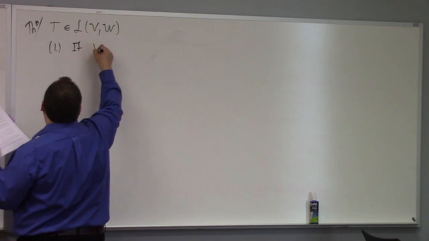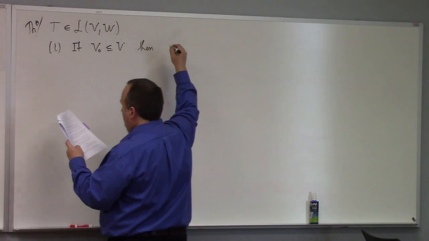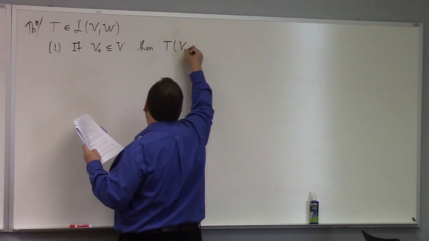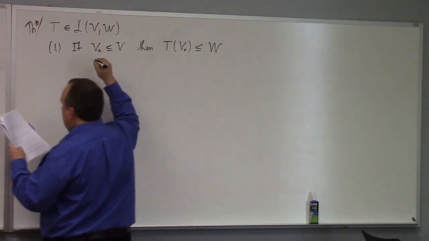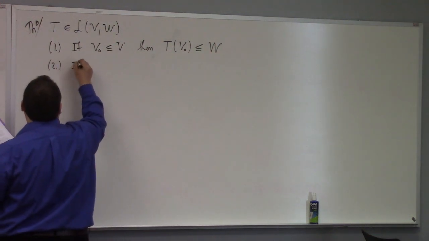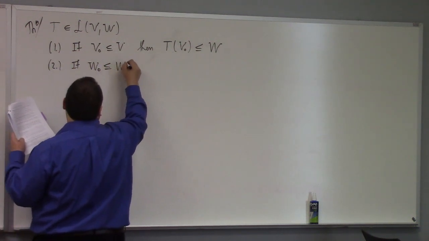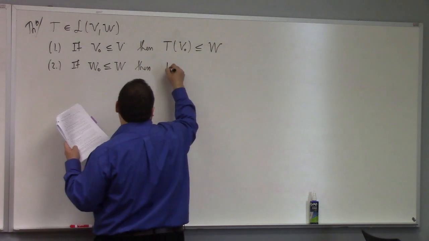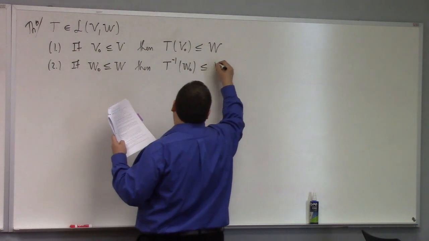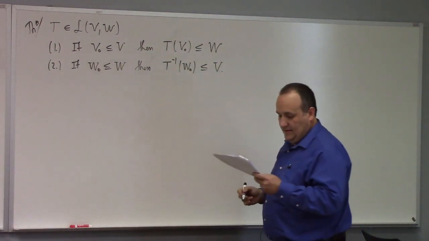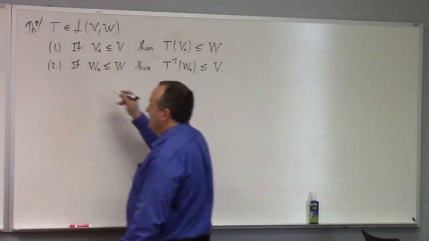If V naught is a subspace of V, then T of V naught is a subspace of W. And two, if W naught is a subspace of W, then the inverse image under T of W naught is a subspace of V. Now Sam might be like, I didn't ask for that one. Well, it's too bad. You're getting both of them.